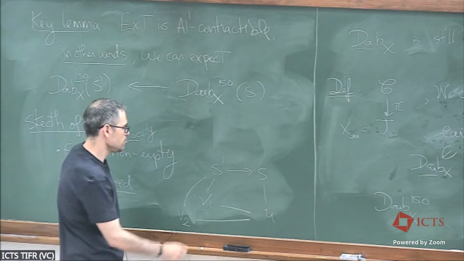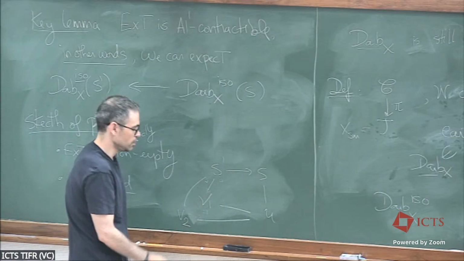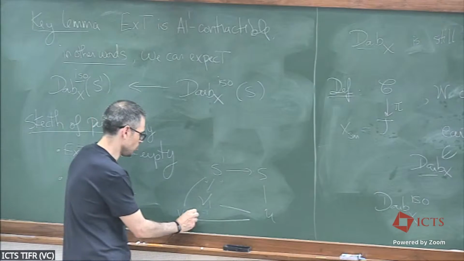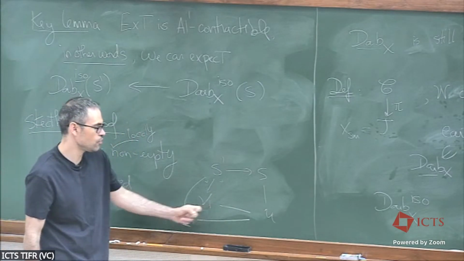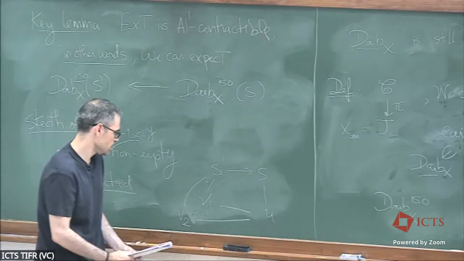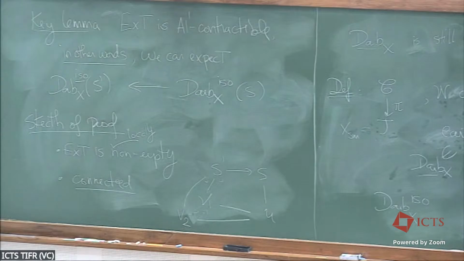Okay? And because I ask that in my space of extensions both things are pullbacks, this will force these maps to be isomorphisms. Okay? So there always exists an isomorphism relating any two choices. So the question is about the higher homotopies that appear.